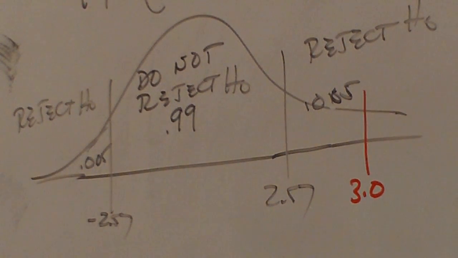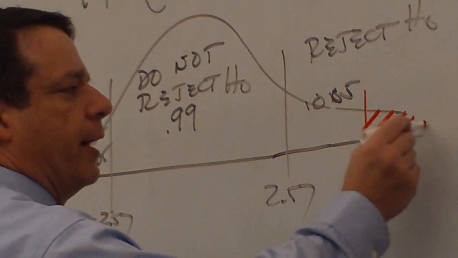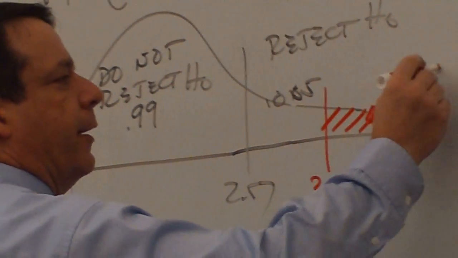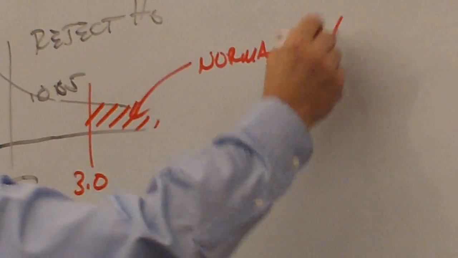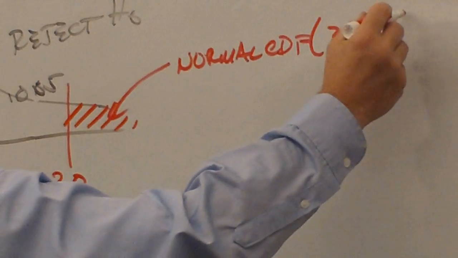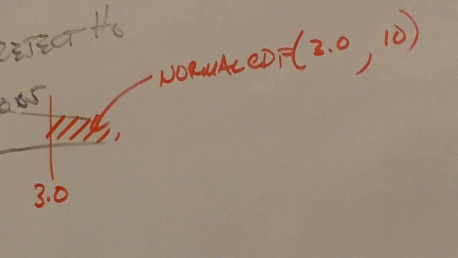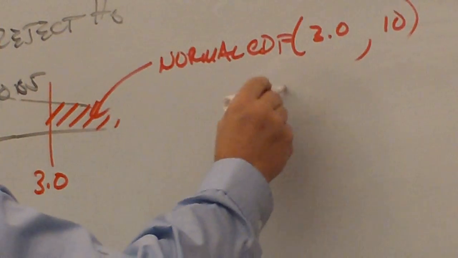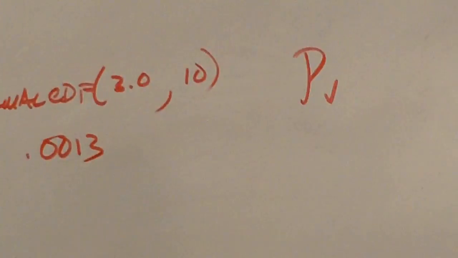So the last step then is to find the p-value. I have to find this area right here. And that area is normalcdf, 3.0, comma, 10. In that case, it's going to be the same thing I found over there, 0.0013. But you have to remember that the p-value is both of these areas.